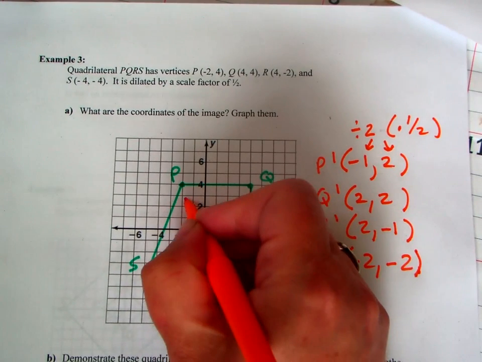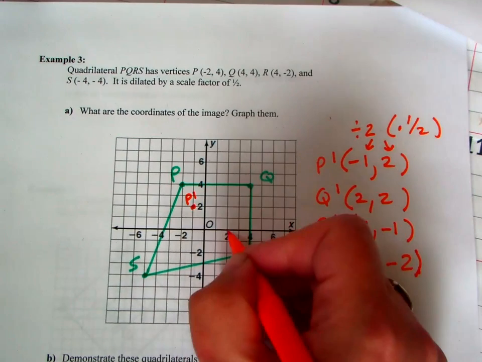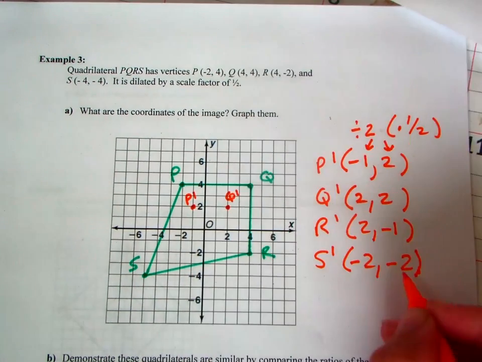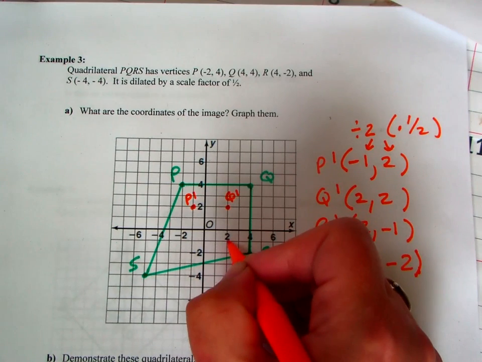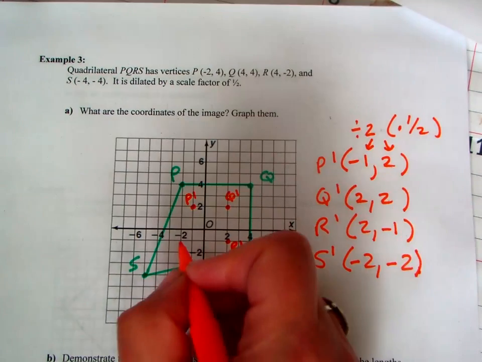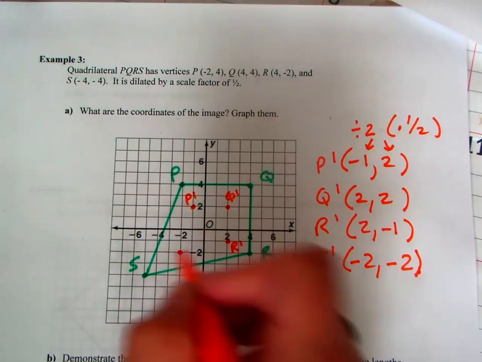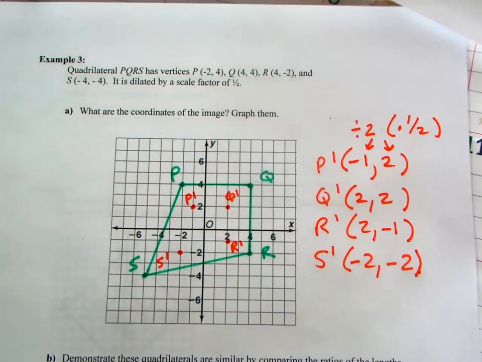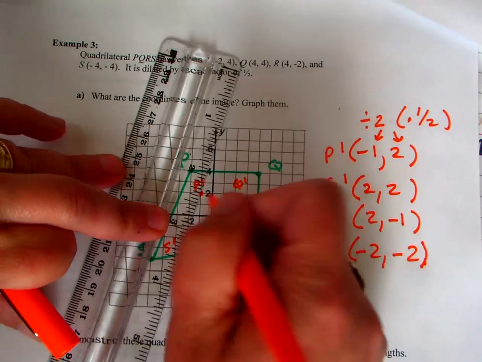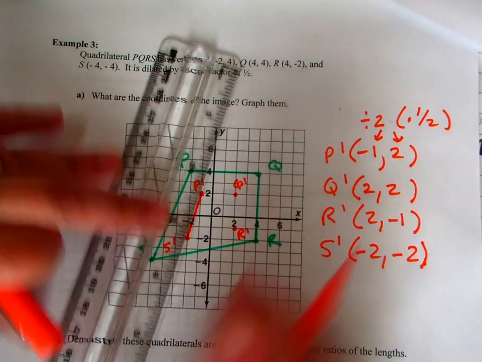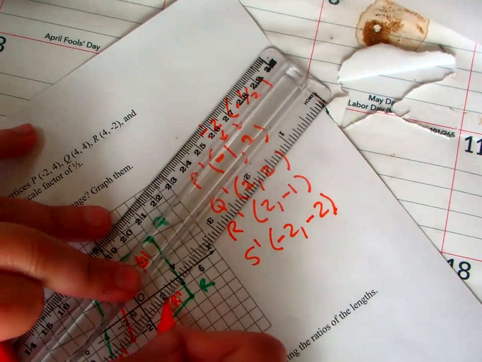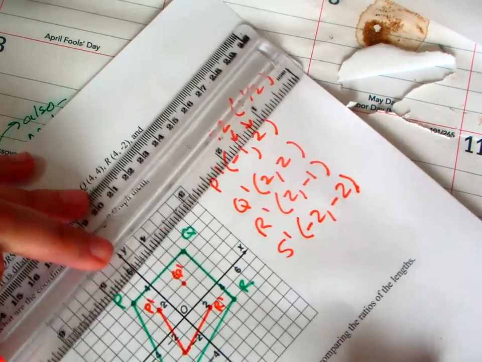So here's P prime. 2, 2, which is Q prime. 2, negative 1, which is R prime. And negative 2, negative 2, which is S prime. What I like about these is that you can see that similar figure, and you can make neater figures when you do dilation.